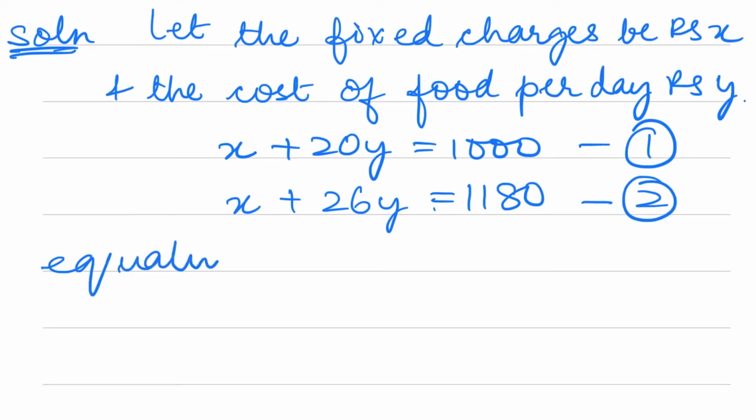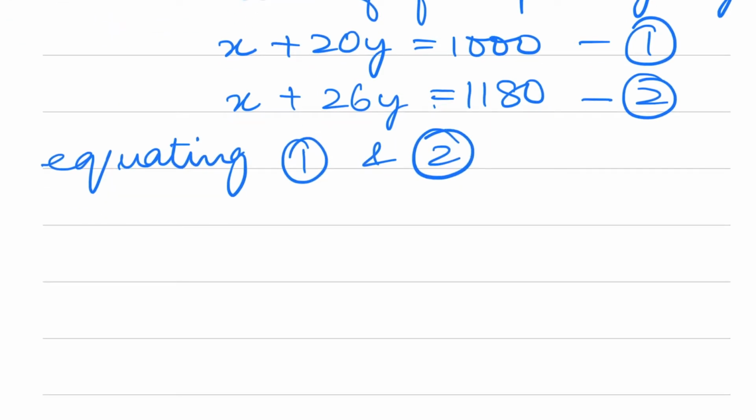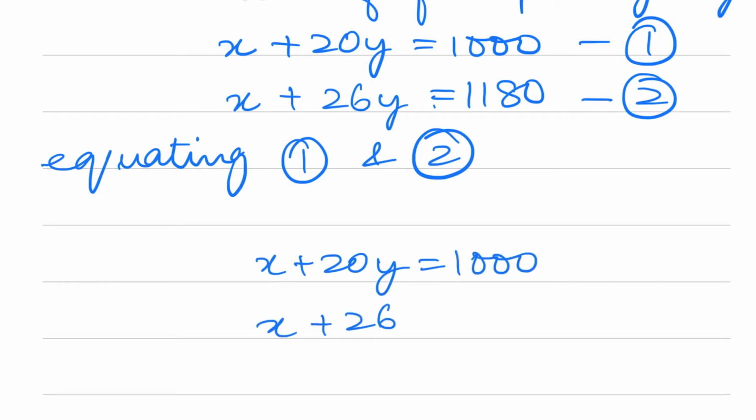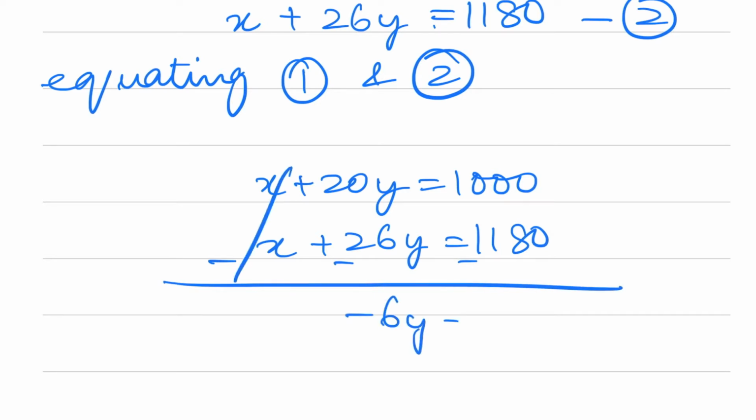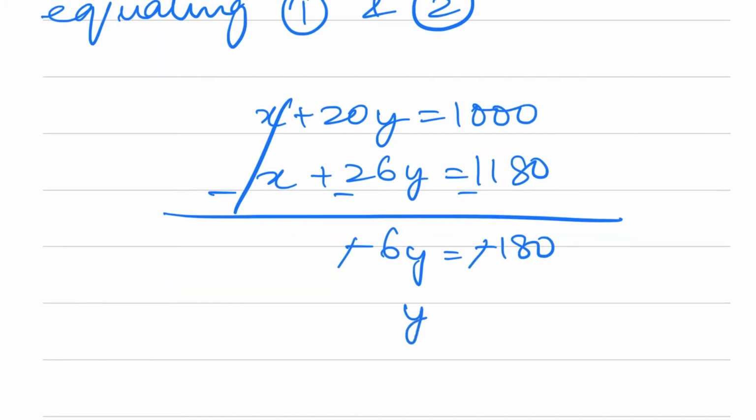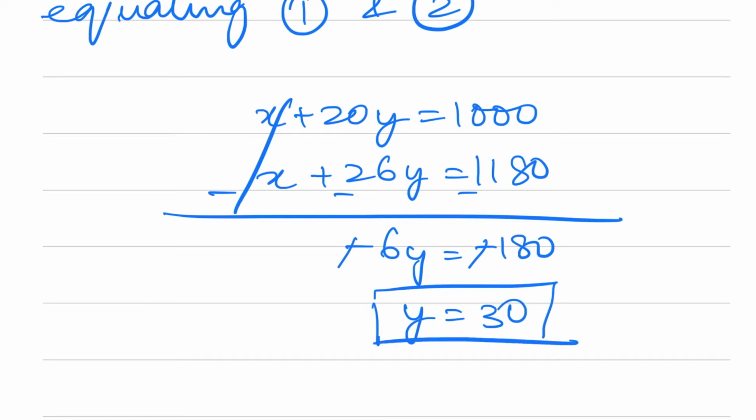Now equating 1 and 2. So we have x plus 20y is equal to 1000 and x plus 26y is equal to 1180. Now subtracting, this gets cancelled. Minus 6y is equal to minus 180. Minus sign gets cancelled. Y is equal to 30. So these are the charges for the food per day.